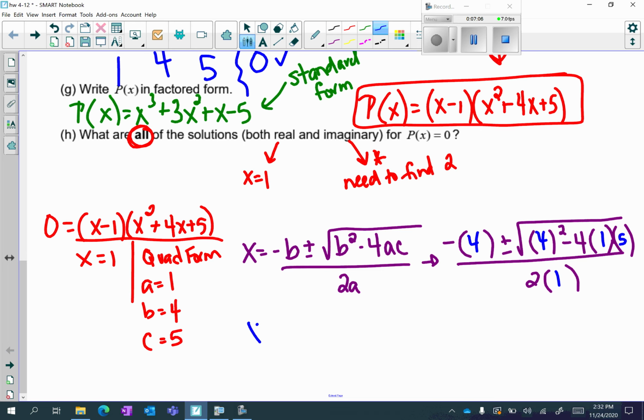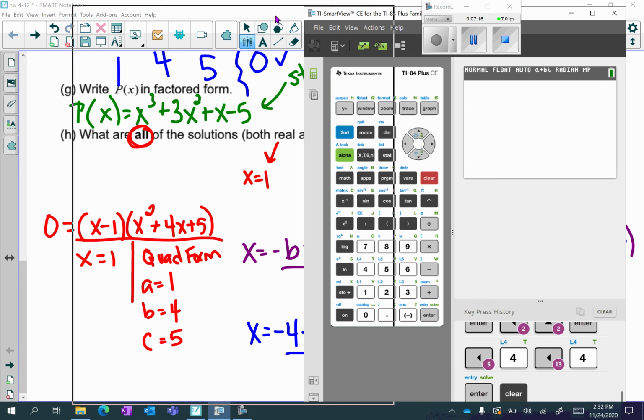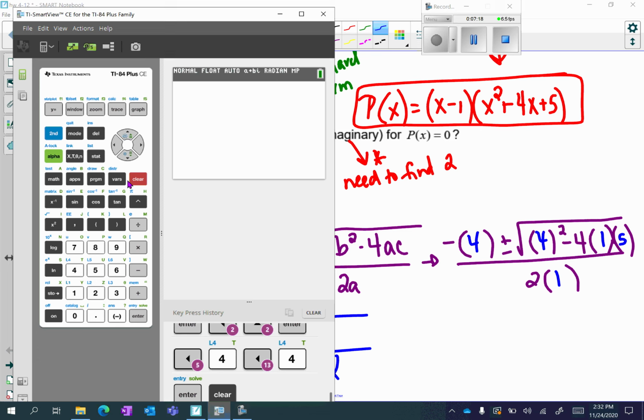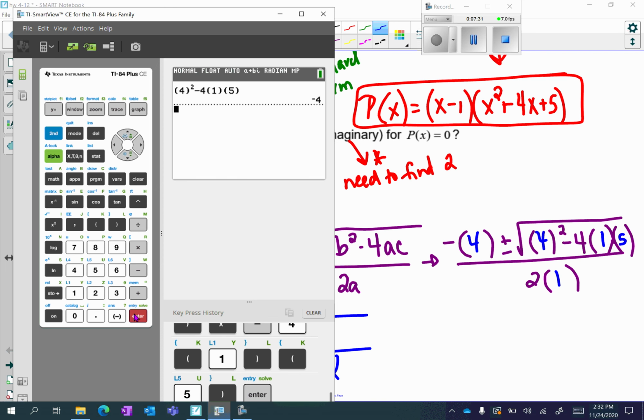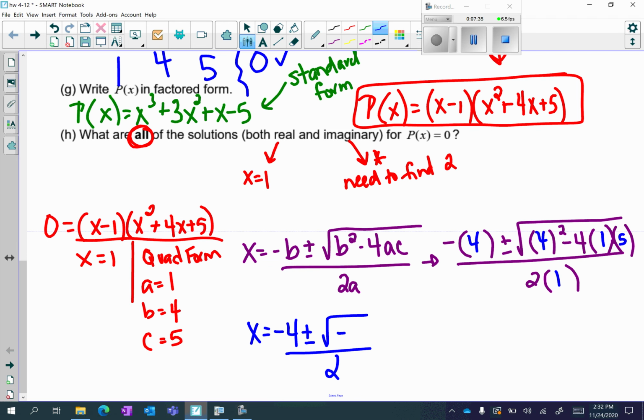So I have x equals negative 4 plus or minus, I'll use the calculator in a second, and my denominator is 2. So on the home screen, not the radical, everything else. Parentheses 4, close my parentheses squared, minus 4, open parentheses 1, close it, open 5. I get negative 4. So I have negative 4 under the radical.